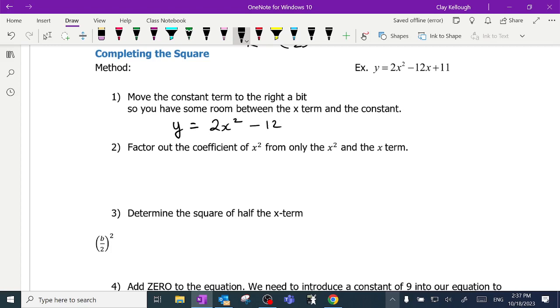Basically, think of this thing like it has a gap, like that. Now, factor the coefficient of the x squared term from only the x squared term and the x term. So that's going to look like this.